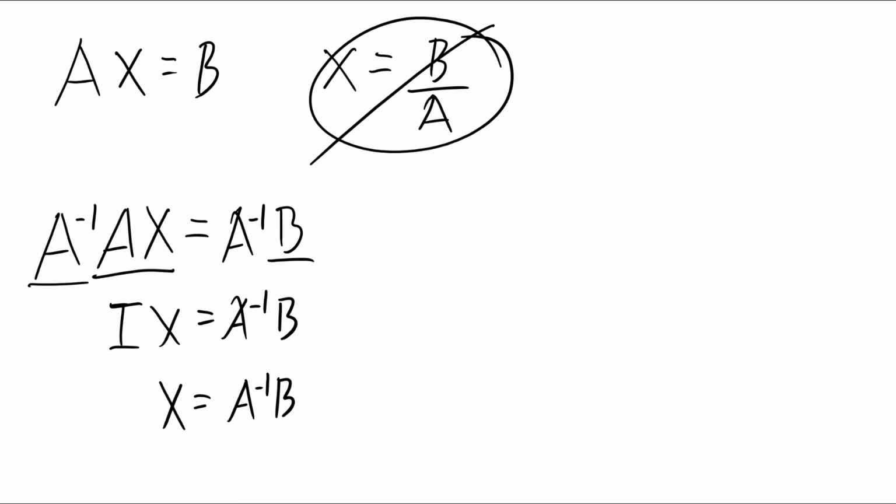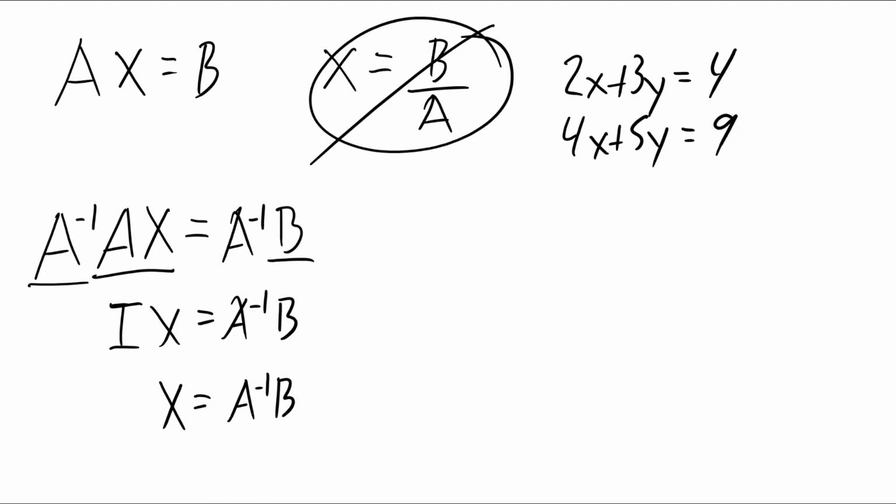So what does this do for us? Well, this gives us another method that we can solve systems of equations by. So let's take the system of equations 2x plus 3y equals 4 and 4x plus 5y equals 9. What we can do is manipulate this into a matrix equation.